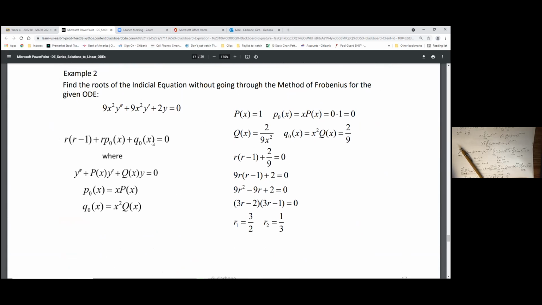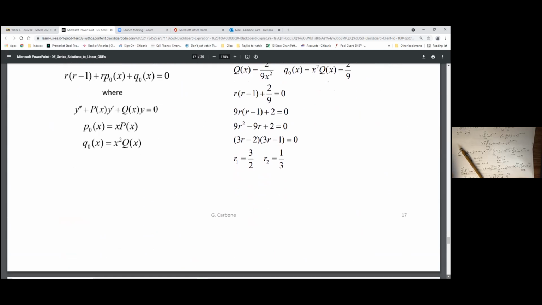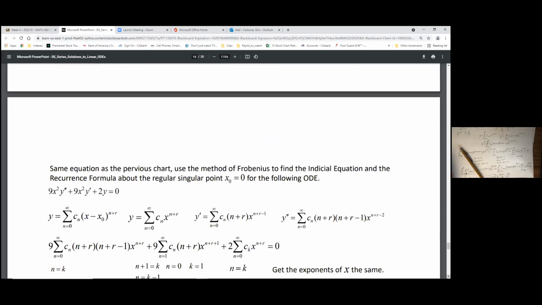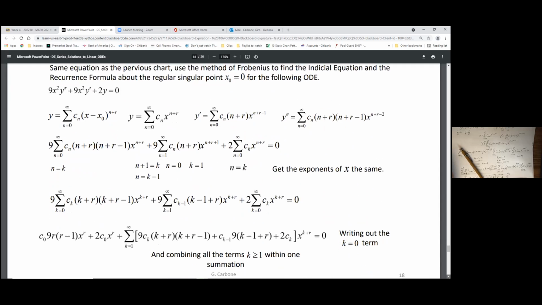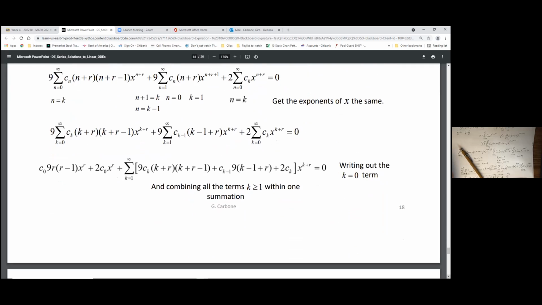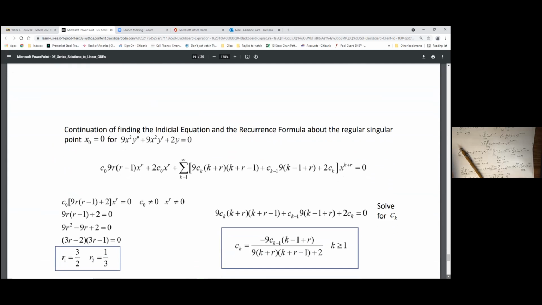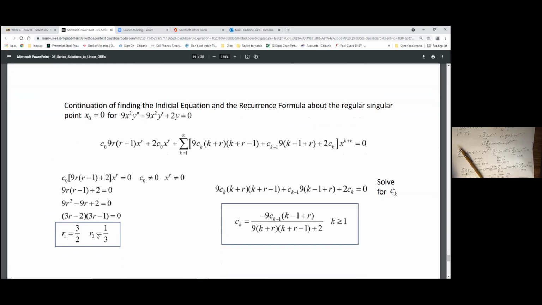I got the roots using the equation, and then I got the roots using the method of Frobenius. So this is all using the method of Frobenius, and you get the same roots. So I get the same result. So you could take a look at this example. All right, so here's another example using the method of Frobenius that you can follow.